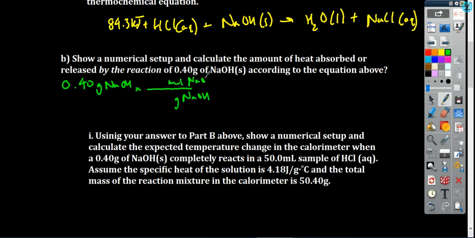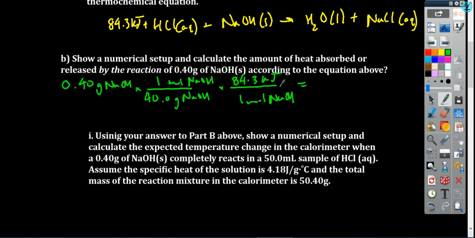And the molar mass of sodium hydroxide is conveniently 40 grams per mole. And then looking at the balanced chemical equation, for every 1 mole of sodium hydroxide, 84.3 kilojoules of heat is required.